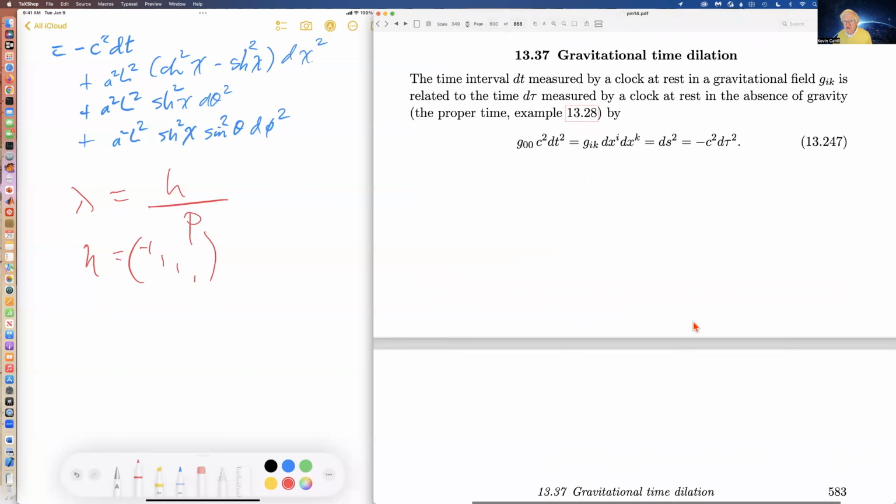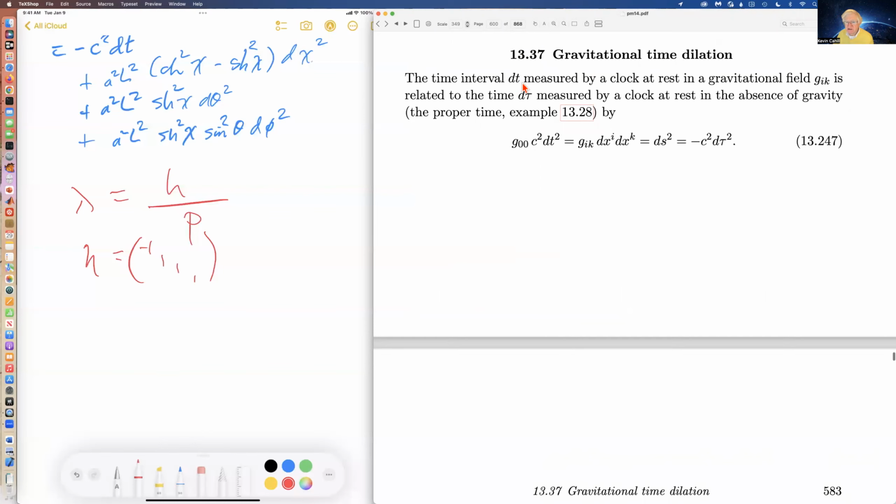Gravitational time dilation, this is one of the most amusing things. So let's imagine dt is the time interval measured by a clock at rest in a gravitational field g_ik. And we're going to compare that to the time measured by a clock at rest in the absence of gravity, perhaps a clock at spatial infinity.